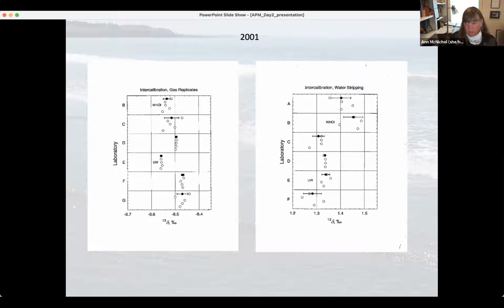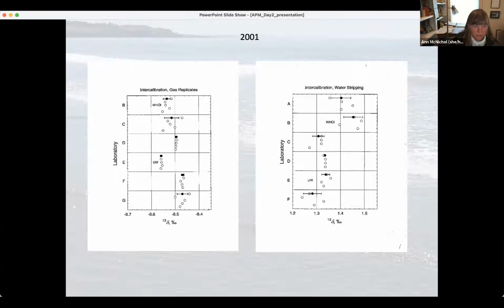The only really organized Delta C13 comparison that I'm aware of happened in 2001. And I'm embarrassed to say I can't remember which laboratory organized it. It wasn't NOSAMS, and I don't think it was UW, but there were 1, 2, 3, 4, 5, 6 labs participating. We were given tubes of gas as well as bottles of water.